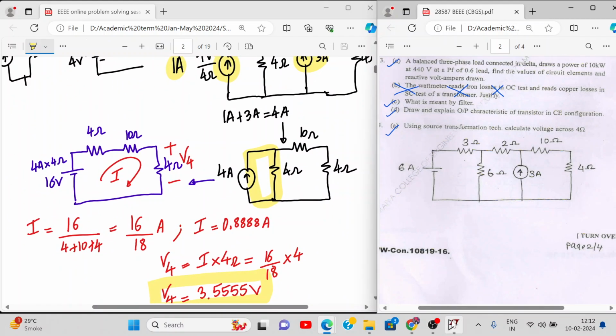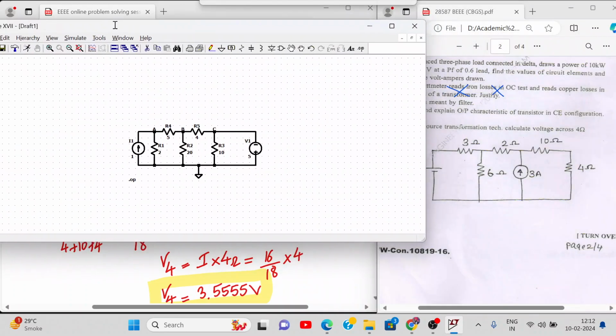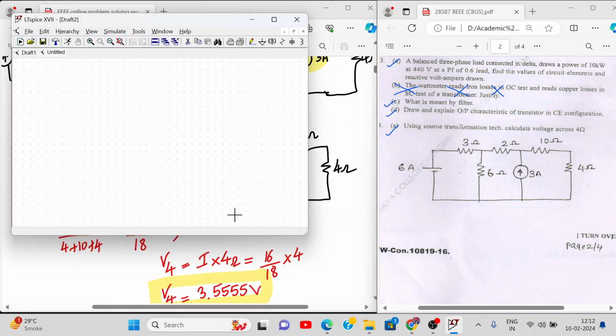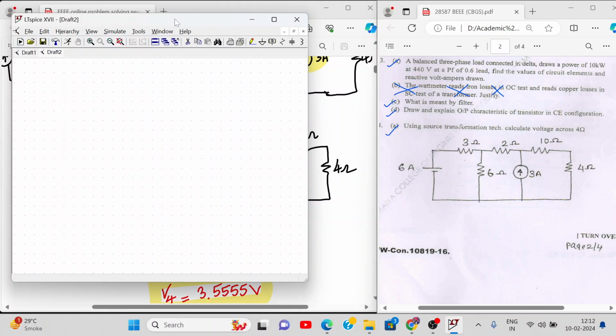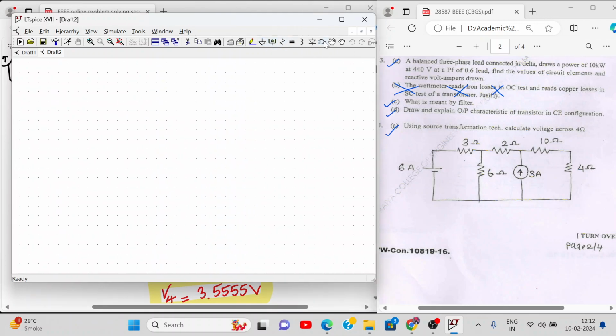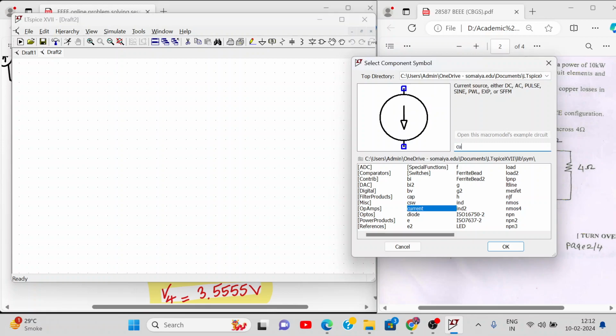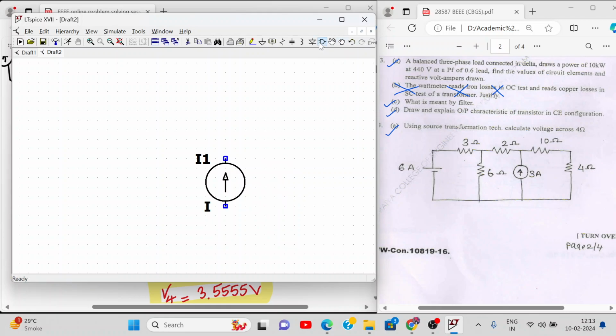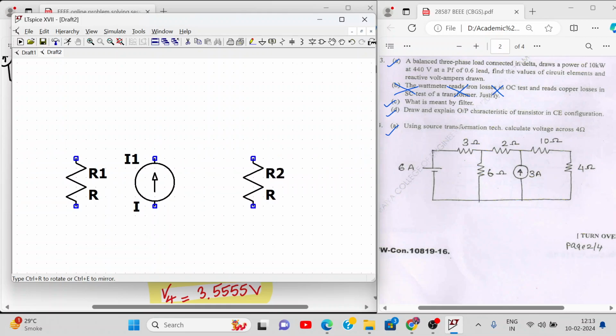Yes, sir. Okay, let me show you quickly how to do it over here. We can simulate any circuit and verify its answer in a few minutes. So give me 1 minute, I'll do this and show you that the answer is coming almost the same. So let me select a current source over here like this. Then I have a voltage source somewhere around here. Then all these resistances are connected, one over here, one over here.